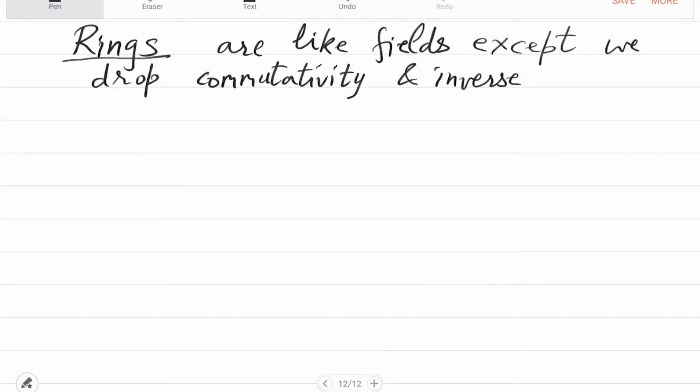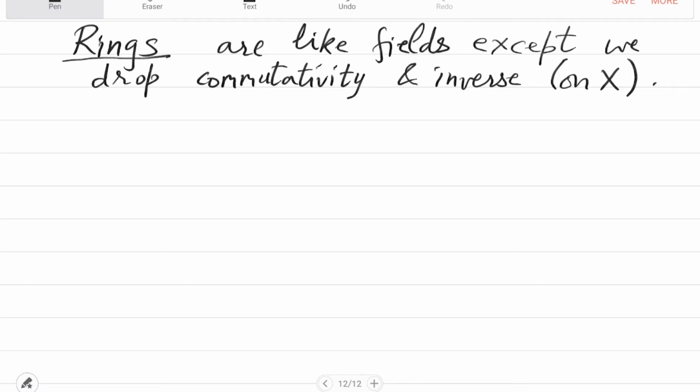Only on multiplication. Okay, so only on the multiplication operation the properties are reduced. So multiplication here is more relaxed. But addition, everything is the same as for fields.